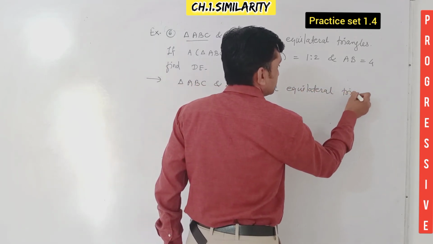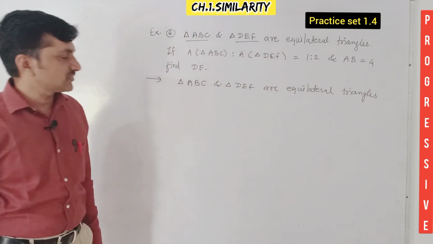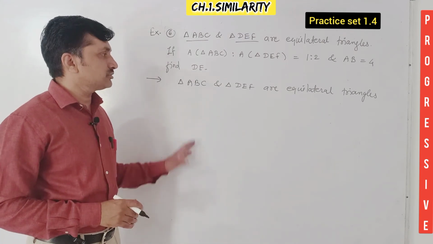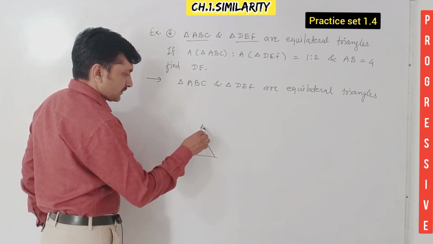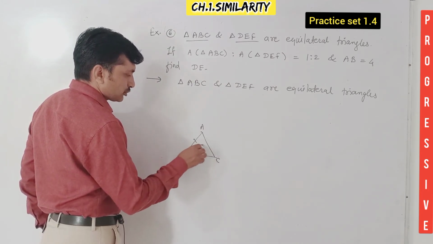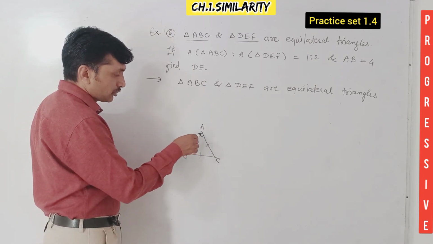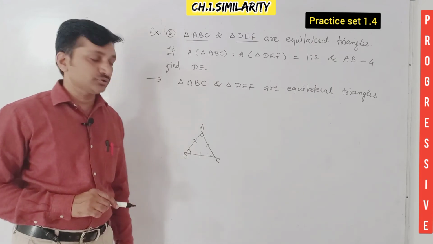Triangles. Now you know that equilateral triangles means triangles with same sides, all three sides equal. Suppose this is triangle ABC and it is an equilateral triangle, it means all three sides are equal. And you know that if all three sides are equal, all three angles are also equal.